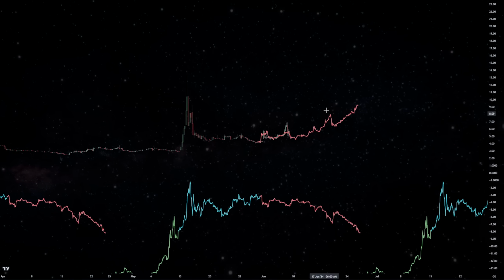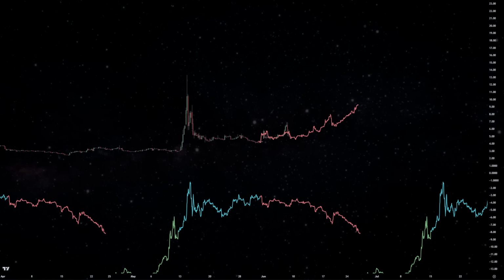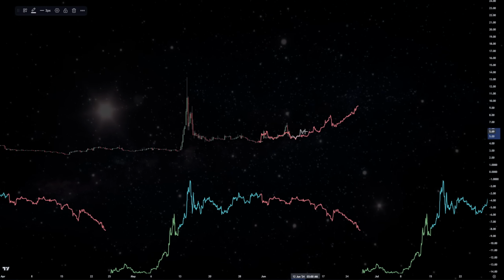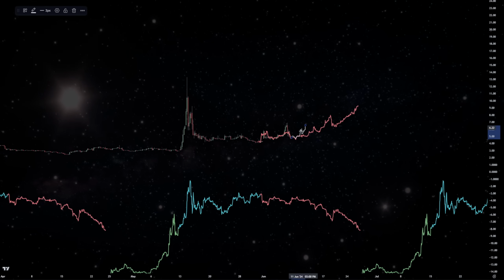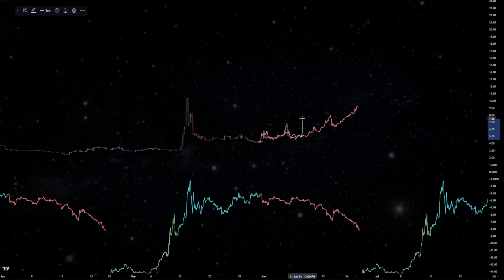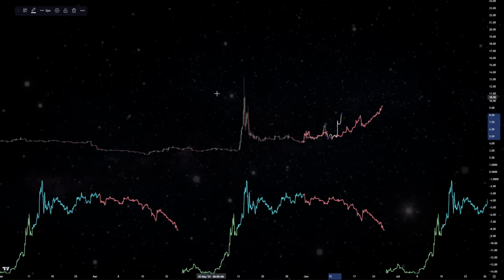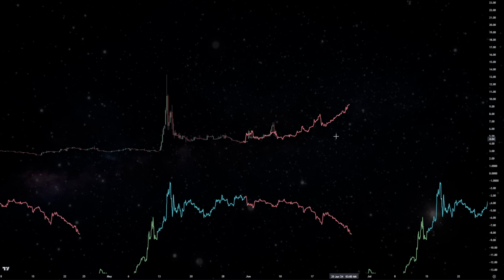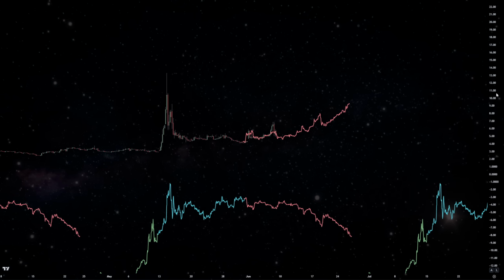So what I think is going to happen here is that when we start turning around, which should happen sometime next week, this entire portion here, because it is a short, will be sped up. These guys want to make sure that if the algorithm is truly going to do this, if it's going to go up, they're going to do it as quickly as possible so nobody can get in.